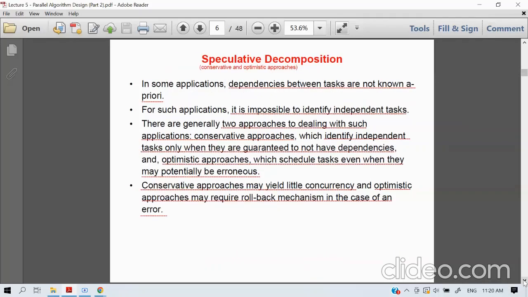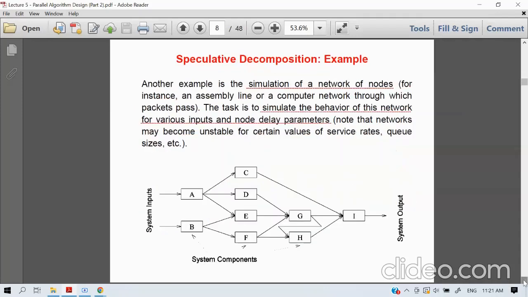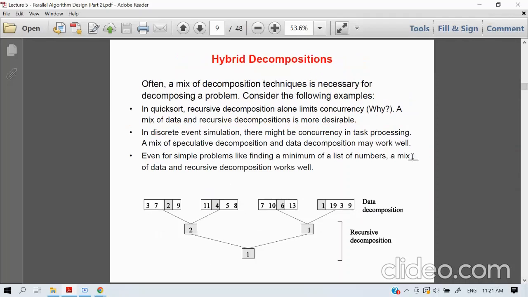And if we have difficulty using a single decomposition technique, we can implement mixed decomposition, which is called hybrid decomposition, if you still remember.